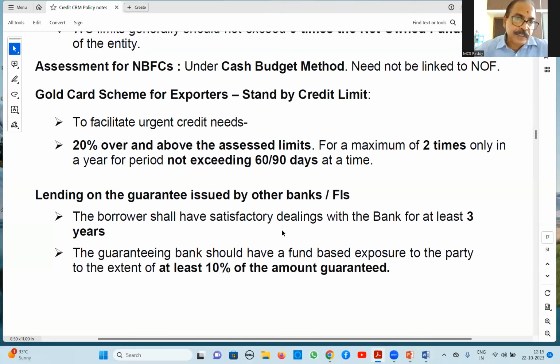Normally, at the time of assessment of working capital, 20% over and above the assessed limit, we sanction and keep aside. Whenever the party requires, he can avail this 20%, but maximum 2 times in a year they can avail this standby credit, and each time not exceeding 60 to 90 days at a time. This is the standby credit limit of working capital for gold card exporters.